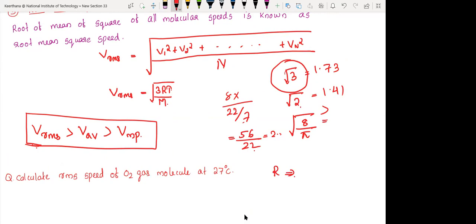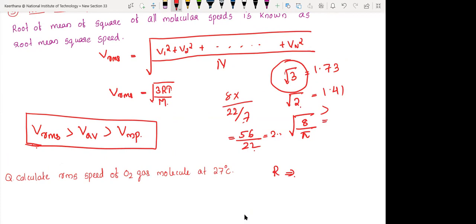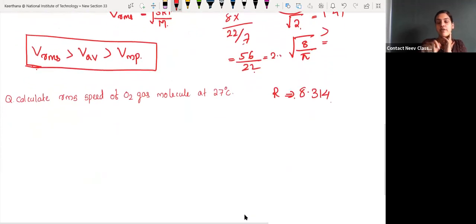It should be 8.314. I can tell you the reason when explaining. Just find the value of speed, RMS speed. Do it fast. We are very slow, I guess.